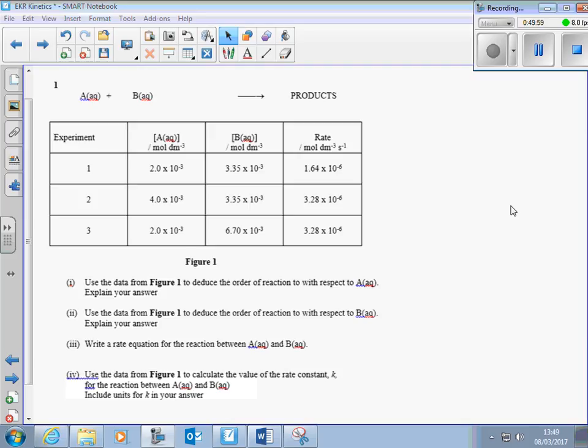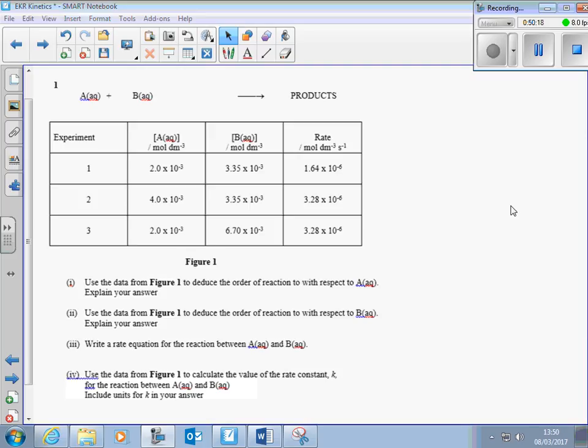You could compare 1 and 3 because what's being kept constant? A, whereas B is being doubled. And does the rate change? It does. Okay, so that's the information that you get off these sheets, and that wouldn't have necessarily jumped out at you straight away.